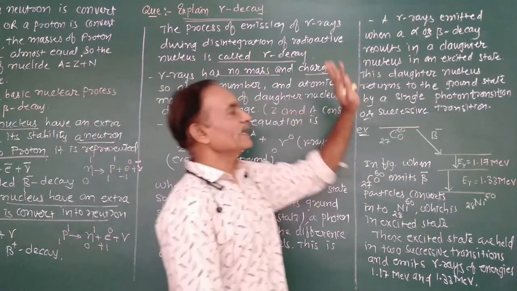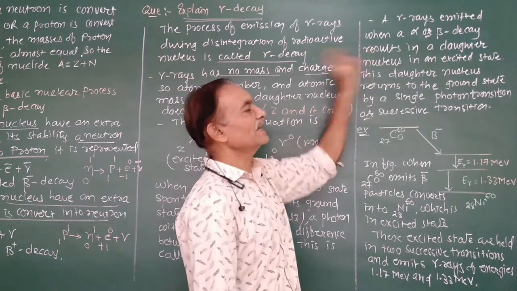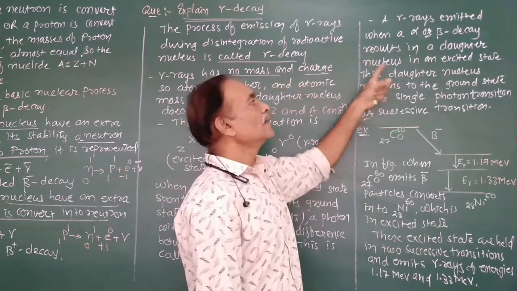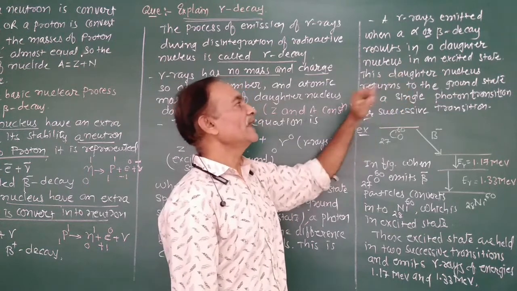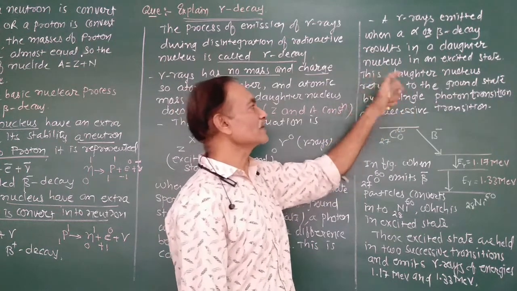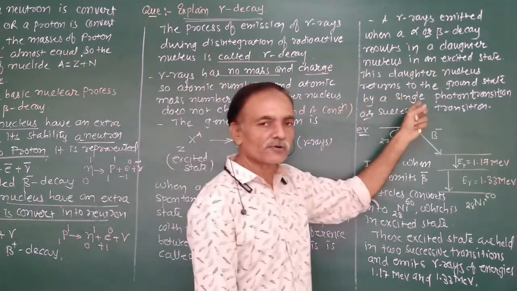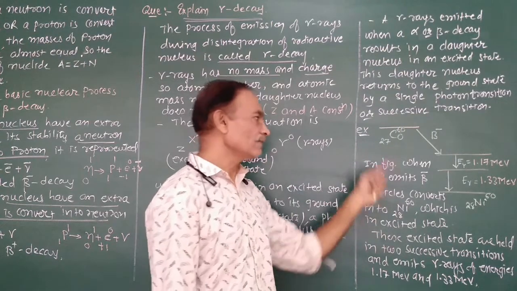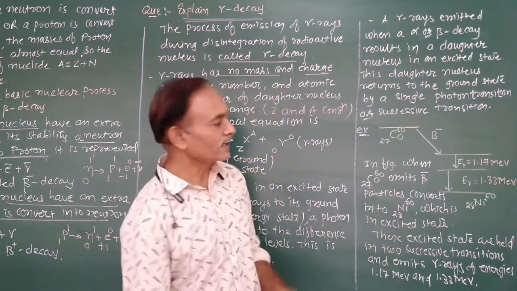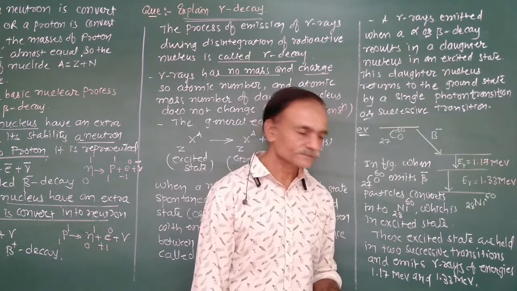Gamma rays are emitted when alpha decay or beta decay results in a daughter nucleus in an excited state, and this daughter nucleus returns to the ground state by single photon transition or successive transition. Here is one example of cobalt converted into nickel by emission of beta minus decay.